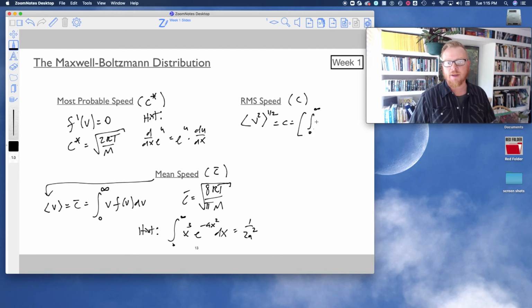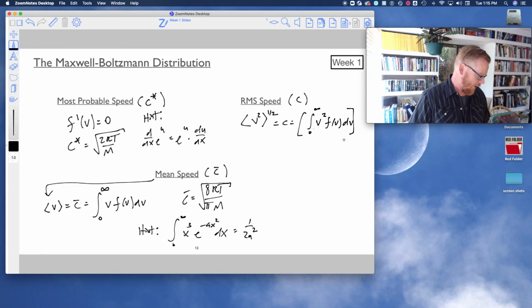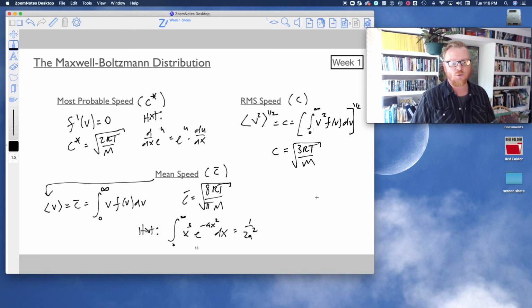So then that's going to be v squared f of v dv, all in brackets, and then you take that final result, all square root. I'll give you the solution for the RMS speed. You should get the square root of 3RT divided by M.